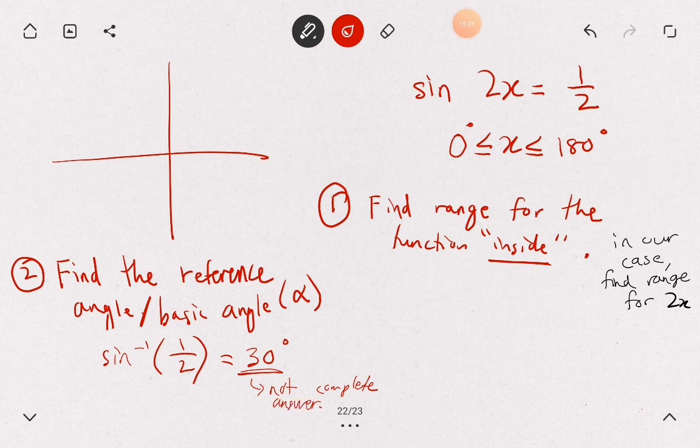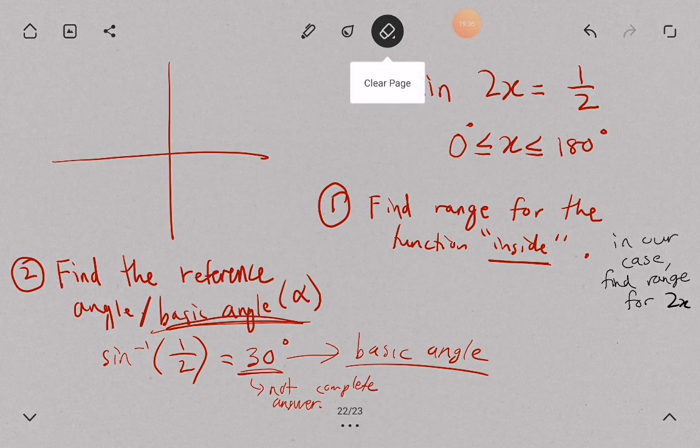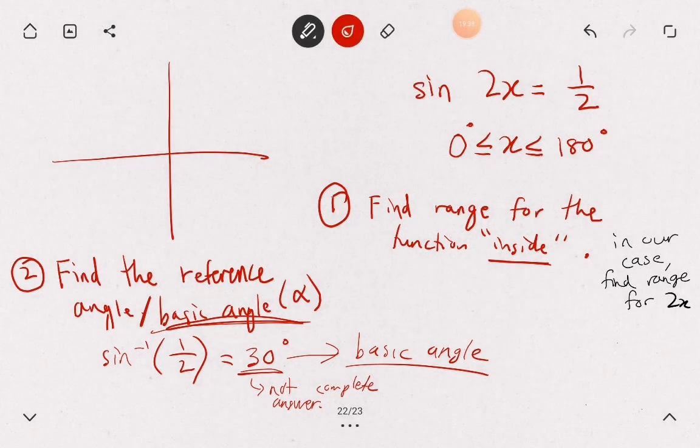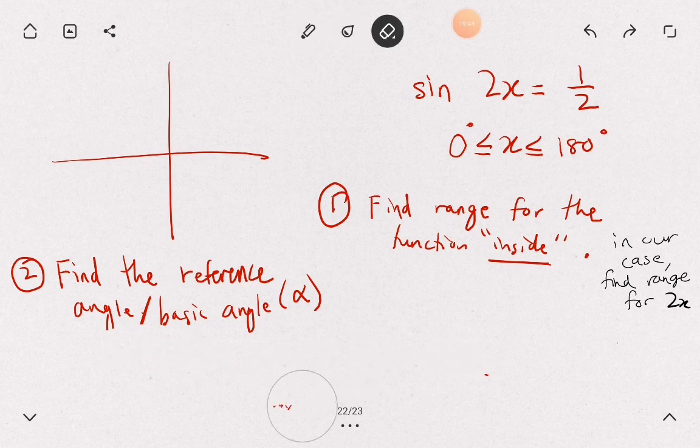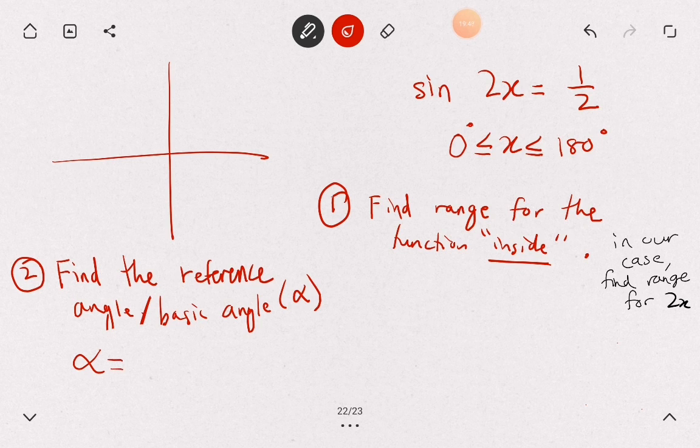This is the basic angle or the reference angle. So what I'm saying is, find this basic angle first. We can call this angle alpha.